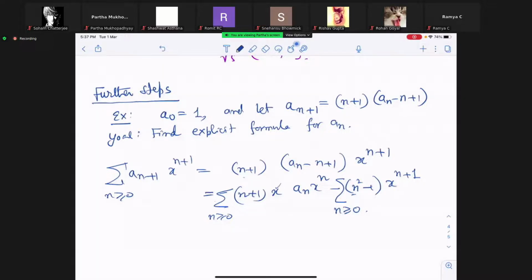Am I audible? Yes, sir. Okay, so I thought Apratim would say why he said that. So just intuitively, I saw that factorial is a function where f(n+1) is nothing but (n+1) times f(n). So I just used that property.